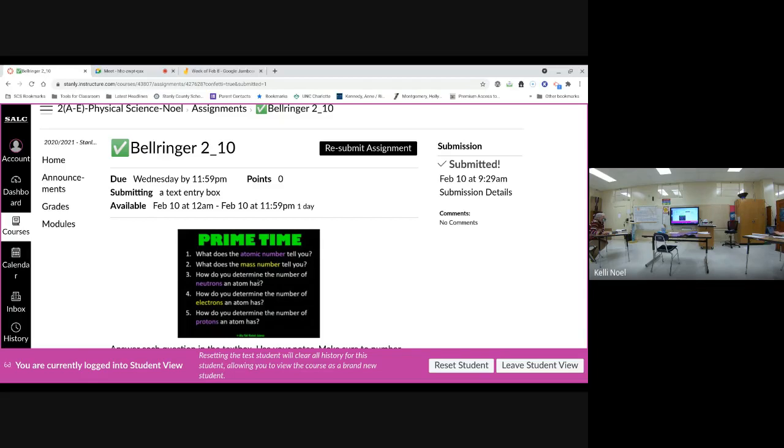Number 3, mass number minus protons. Number 4 is the same as protons. And number 5 is atomic number.